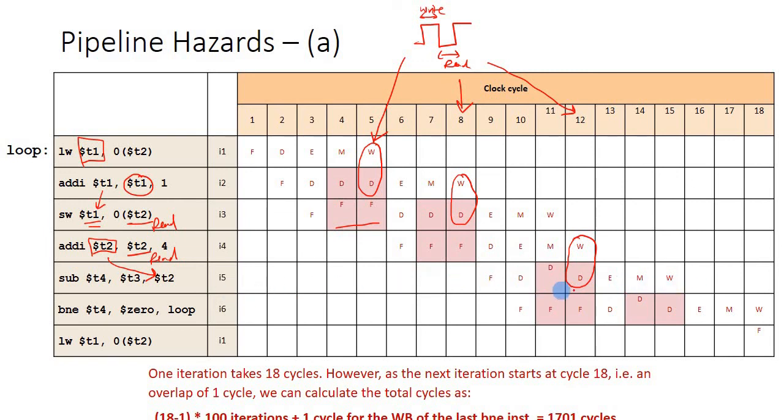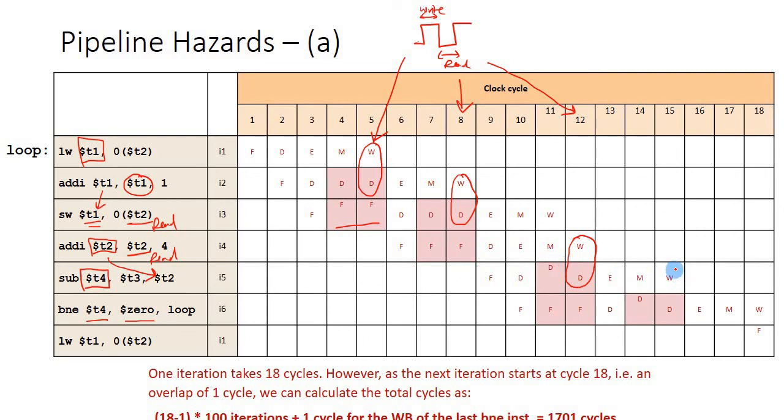And since I5 was stalled in the decode stage, I6 has to be stalled in the fetch stage. After I6 goes past the fetch stage, you can see that I again have a similar issue, where the branch instruction is checking T4 with register 0, but T4 is again only updated in the write back stage of I5.